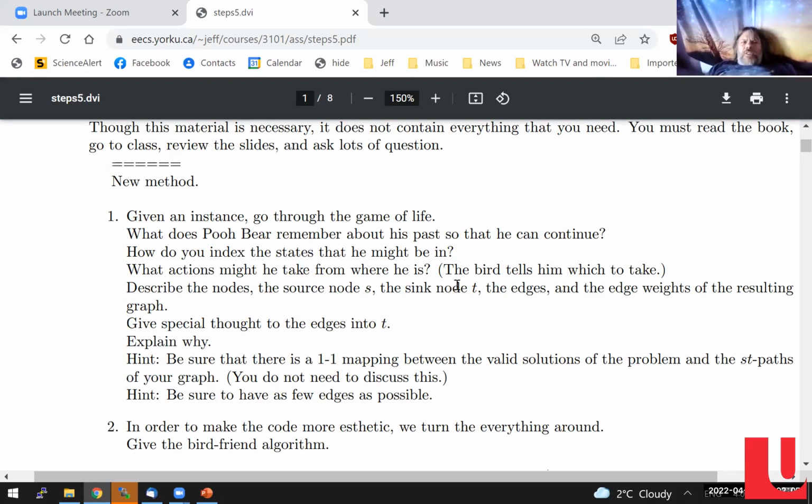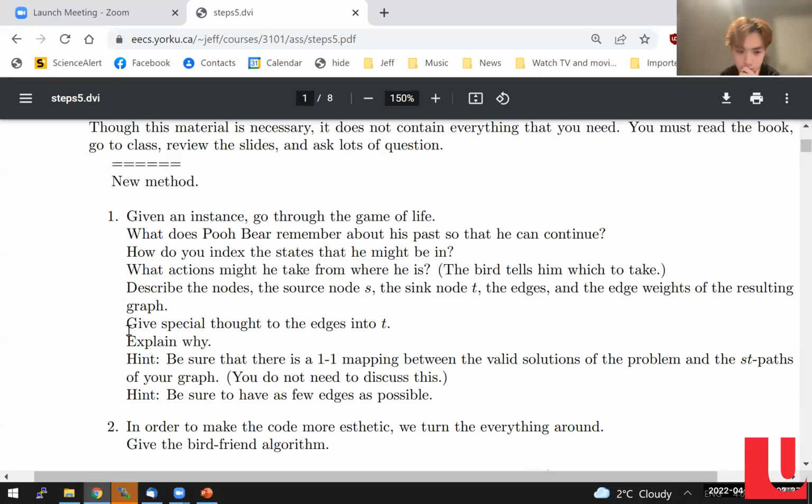Some of the things you said made me nervous. When you said we take the best edge for every node, we don't know how to take which edge. We don't know whether to take the ith object or not. So we don't know which of these two edges to go. That's not my problem.